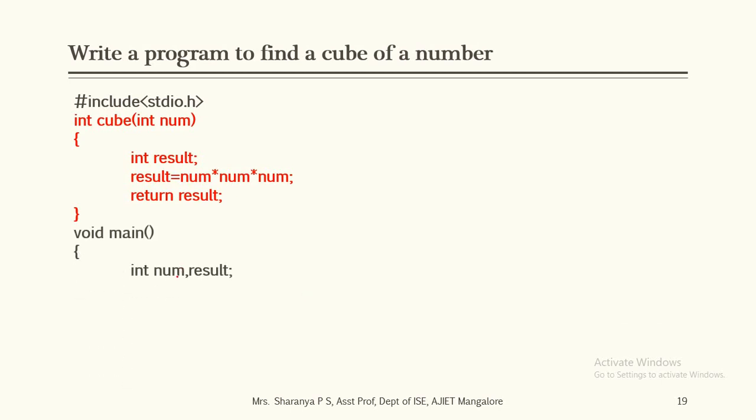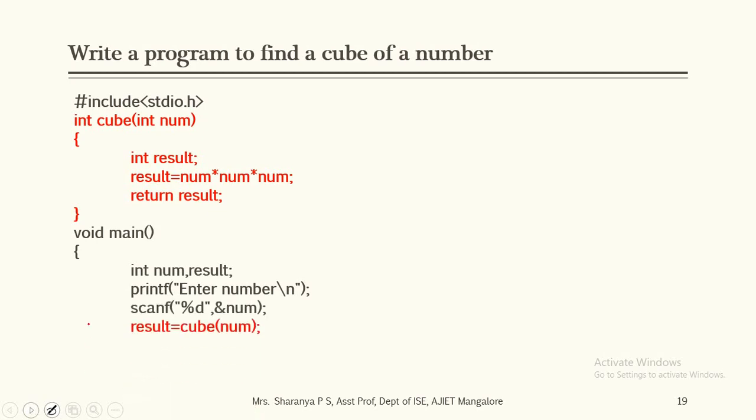In the main we are using two variables, num and result. Num is a variable whose value will be taken from the user, and this is what we refer to as a function call, that is cube, and the argument that we pass here is only one, the number entered by the user. We have to use the same variable name here when we pass.